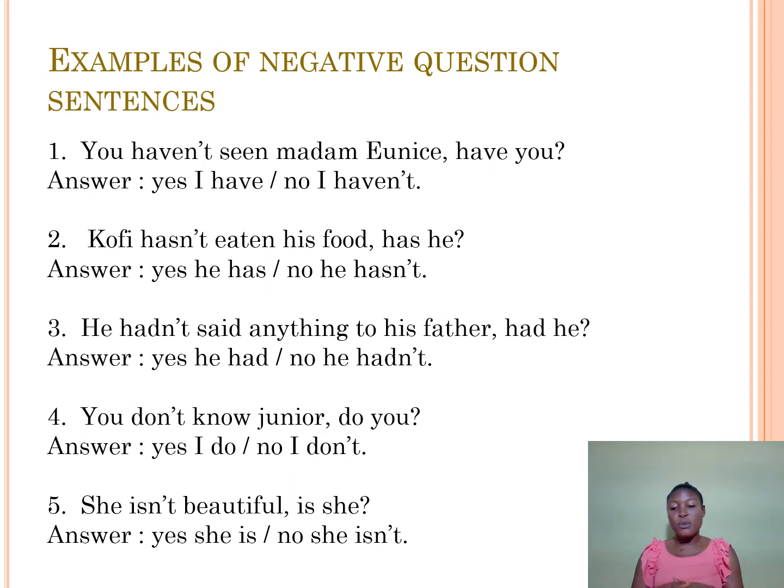So this should be one of the things you look out for when answering a negative or a positive question. With the positive questions, they do not have any t added to the verbs when the question is being asked.